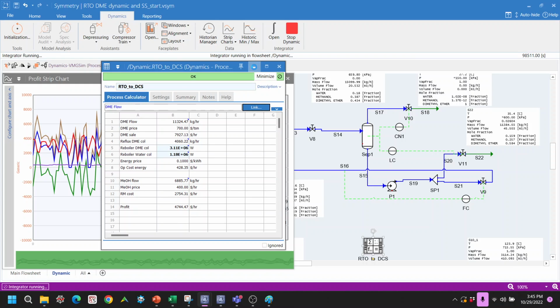But can we somehow make an optimization like in Excel, where we say, okay, find the max profit by changing at this point? Can you do that in this model or not? Yeah, you can make an Excel model.